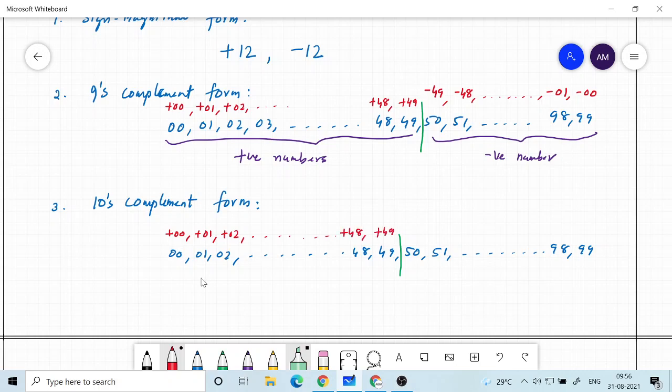So no difference here. The difference comes in the rest, that is for the negative numbers. If you look at the previous case, you can see that there is a plus 0 and a minus 0, which doesn't make much sense, because 0 is 0. It is neither positive nor negative. So why waste one case which doesn't even have a sign?